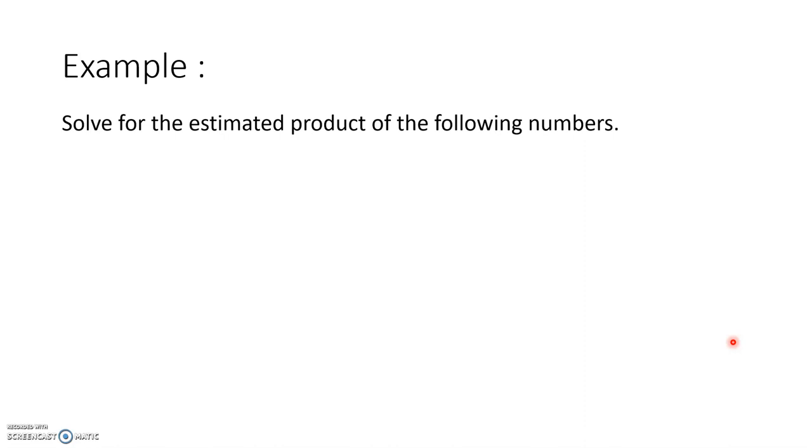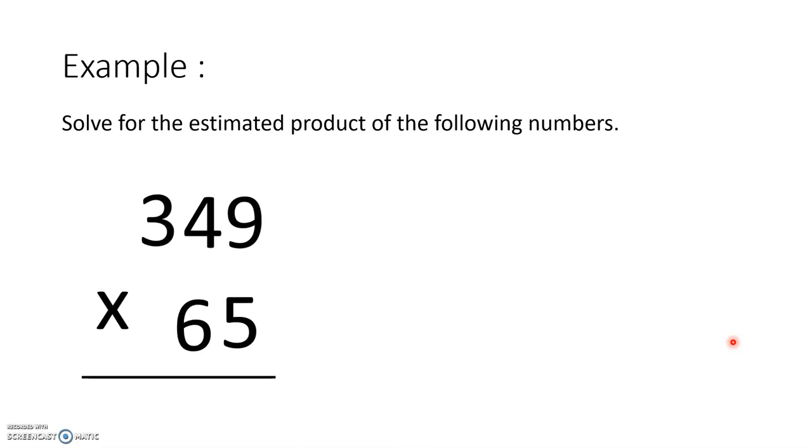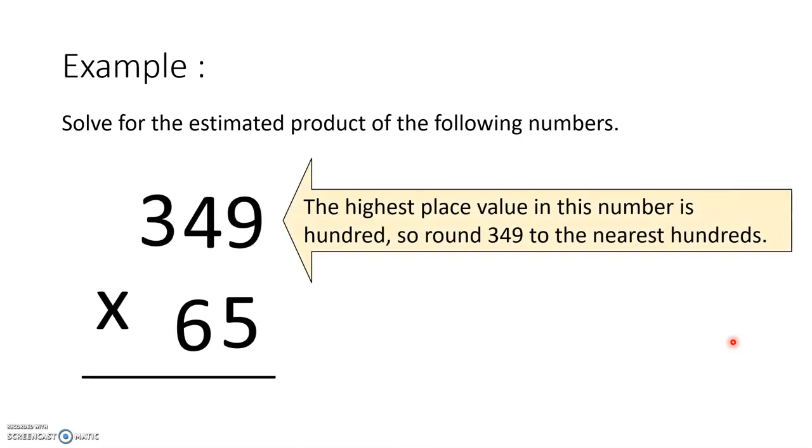So let's say, for example, solve for the estimated product of the following numbers. So let's say 349 times 65. So the first thing that we need to do before we get the estimated product is to round the numbers to the highest place value.